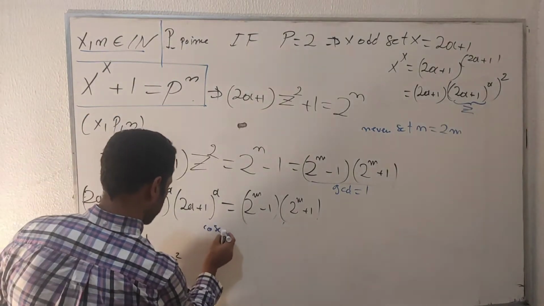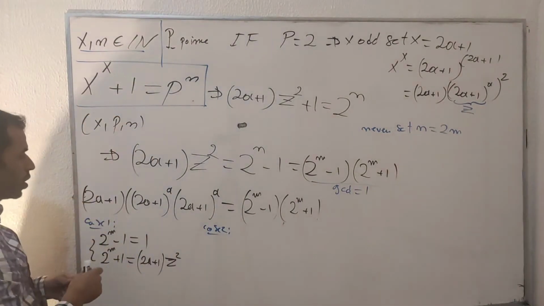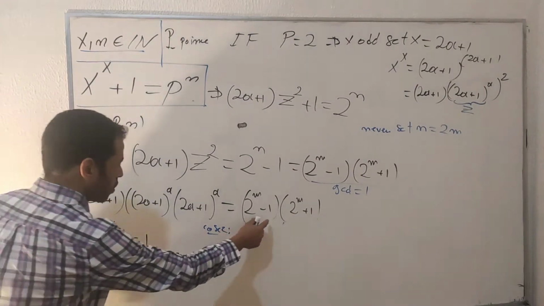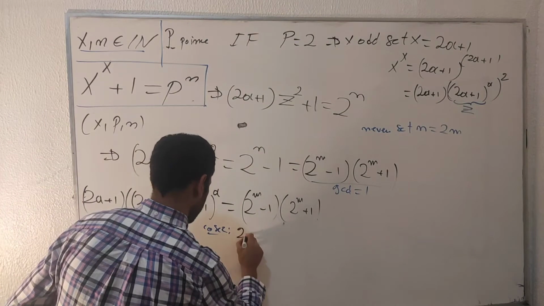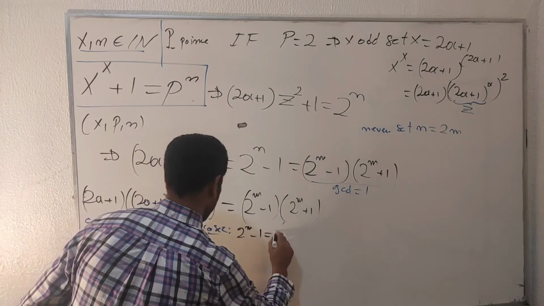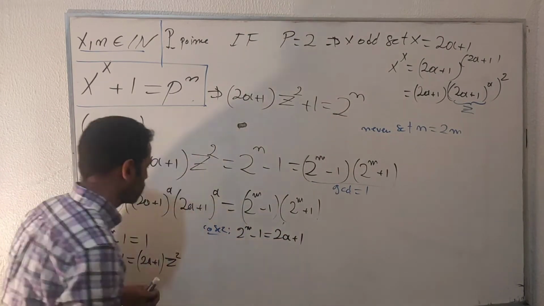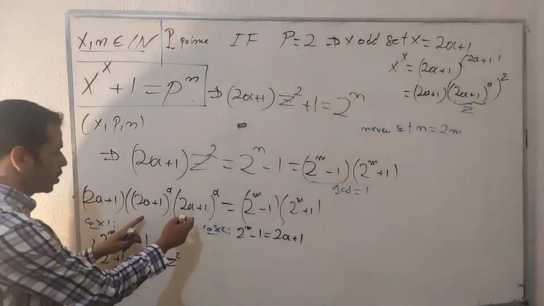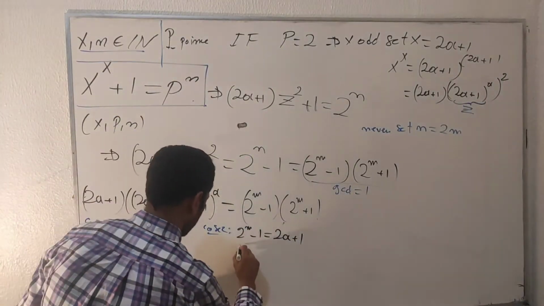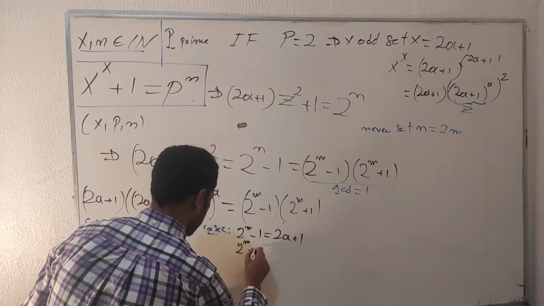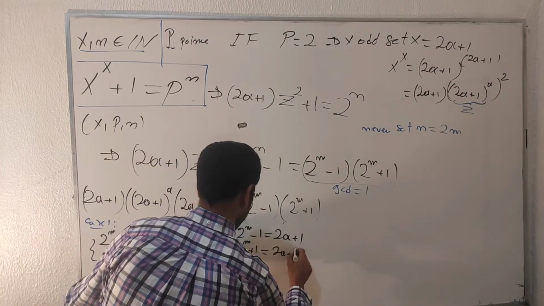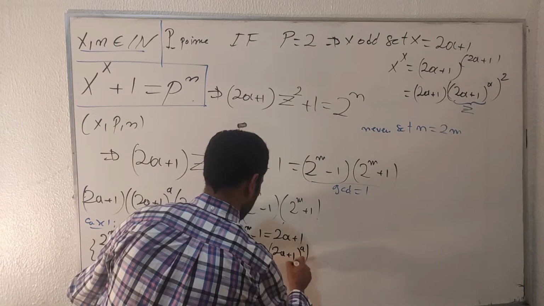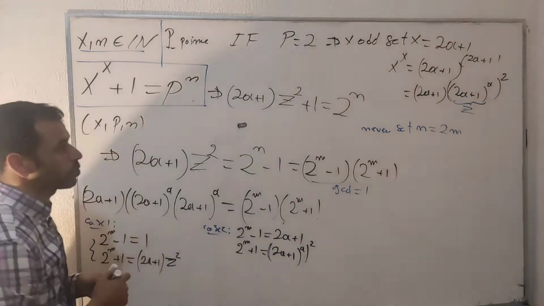Let's take case number 2. In case 2, this one could be 2a plus 1. So we'll have 2 to the m minus 1 equals 2a plus 1. The other one is going to take the rest, so I get 2 to the m plus 1 equals ((2a plus 1) to the a) squared.